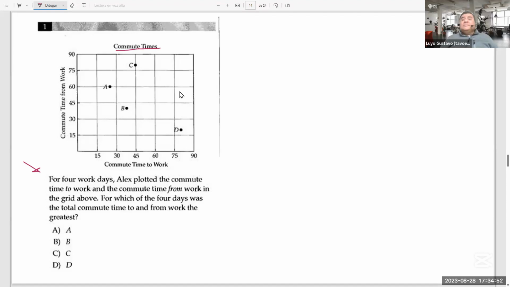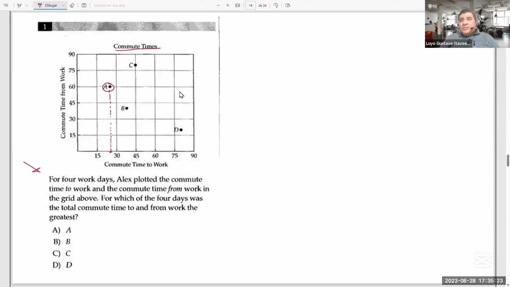Think about this. For example, the first day plotted by Alex, which we can think is A. According to the grid, what would be the corresponding approximate commute times to and from work? Let's try to be very visual here.